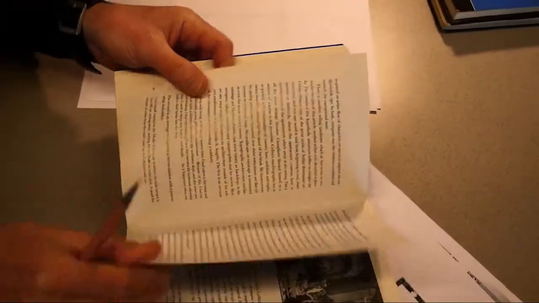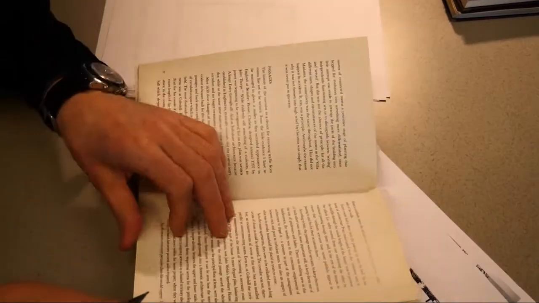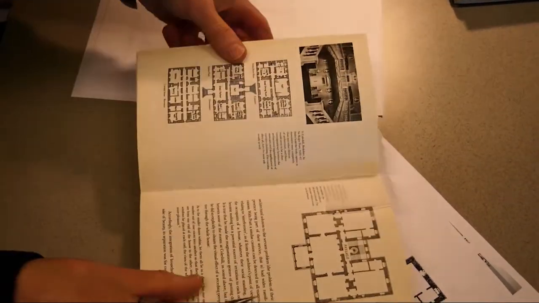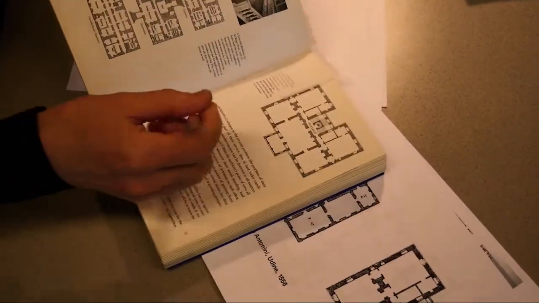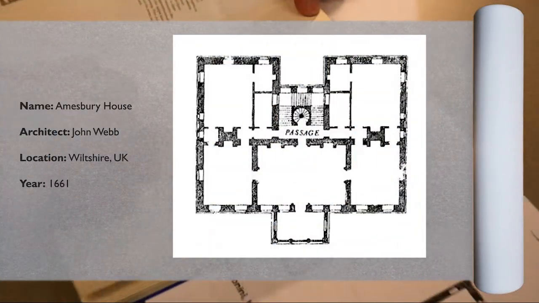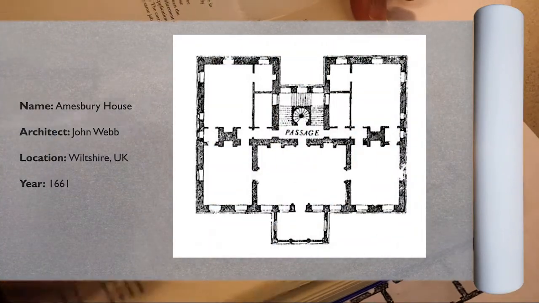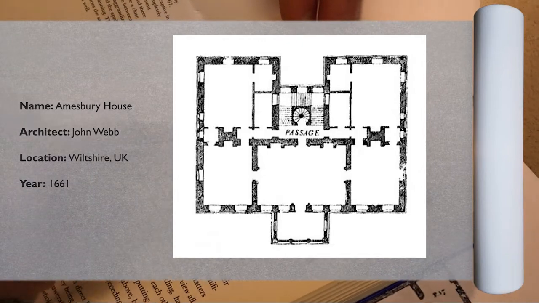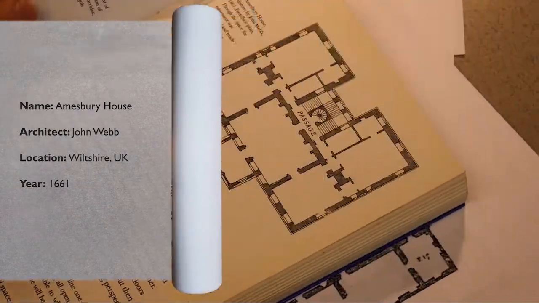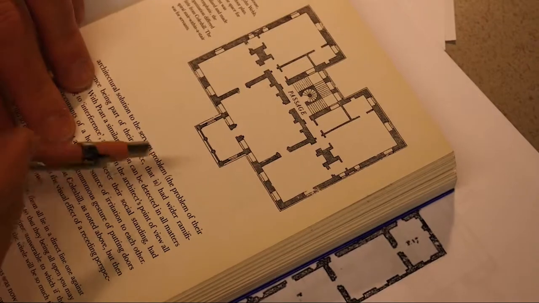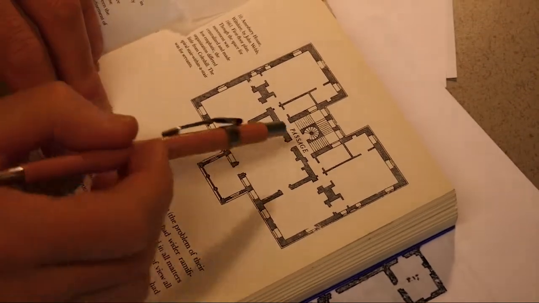He then shows that about 100 years later, we see a floor plan, this one, by an English architect called John Webb, which is actually very similar to the Palladio plan, or it looks very similar, but there's one big difference.